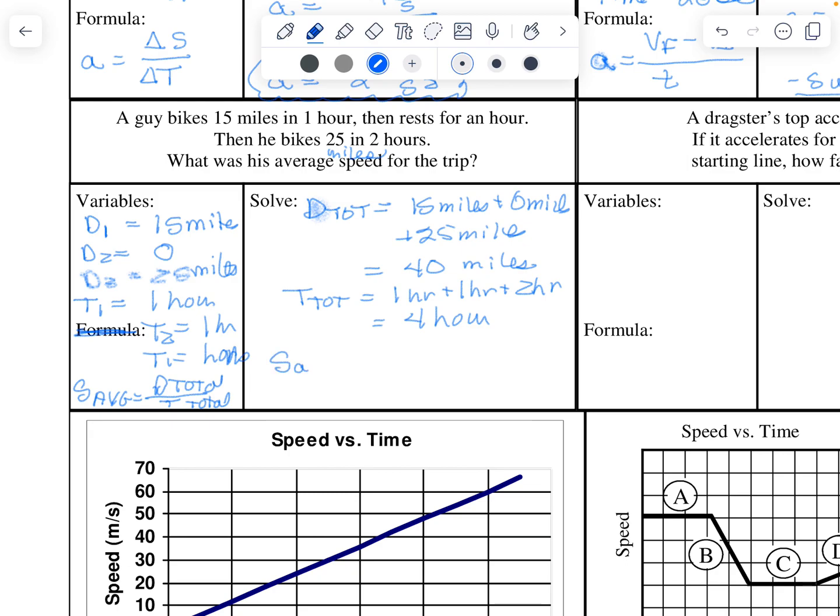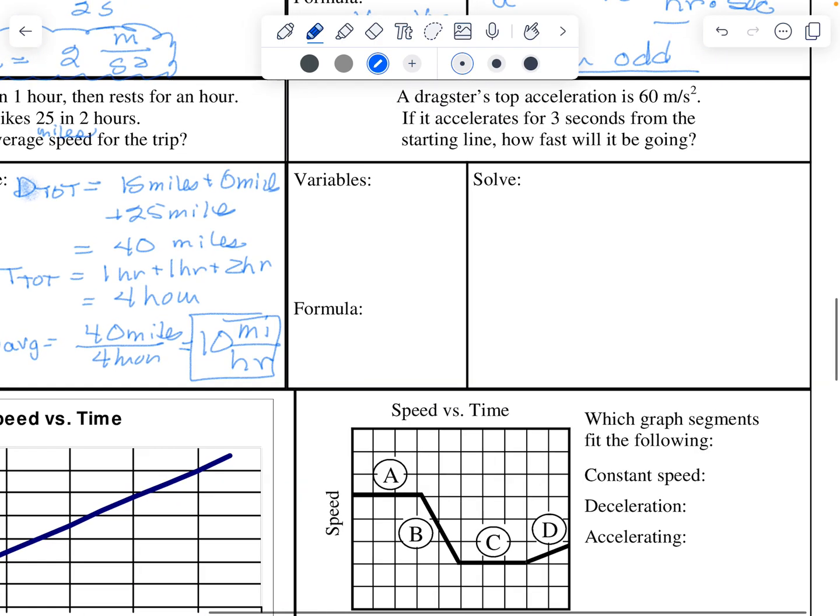My average speed will equal 40 miles divided by 4 hours, which will equal 10 miles per hour. Okay, you probably had to write pretty little there, but I believe in you.